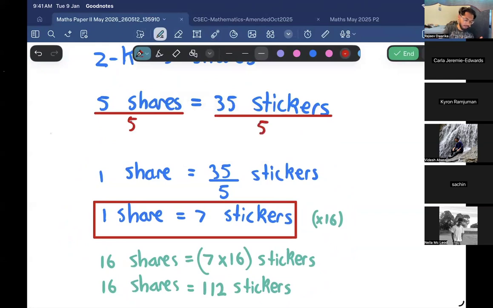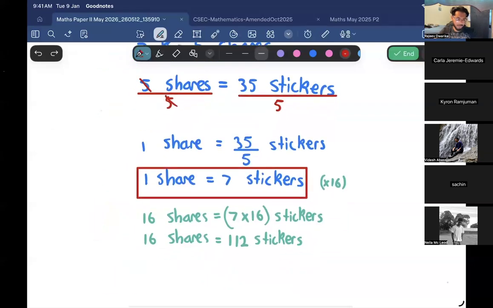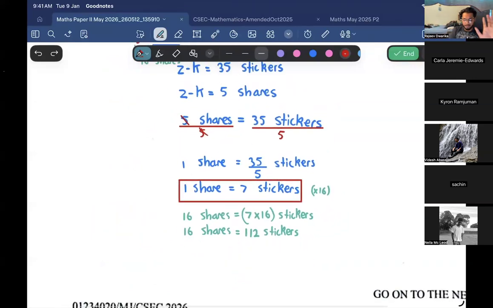Let me show you why. 5 into 5 is 1, right? And 5 into 35 gives us 7. Good. So one share we found out to be 7, because 35 divided by 5 is 7.